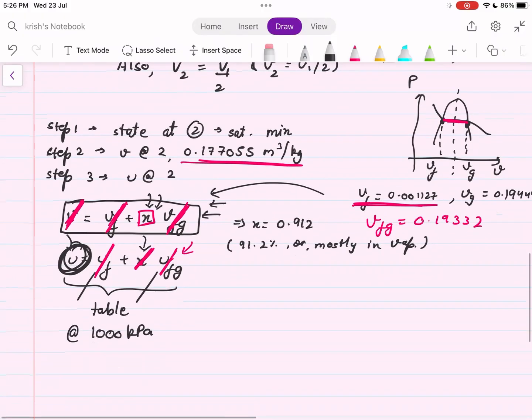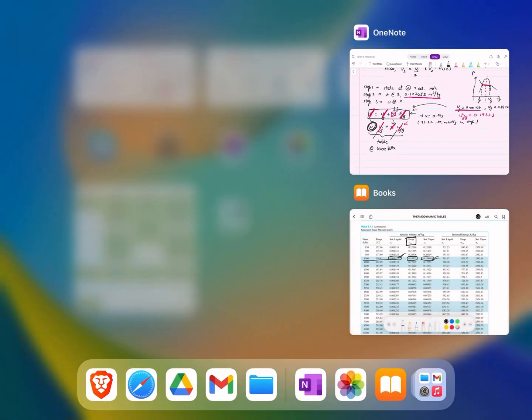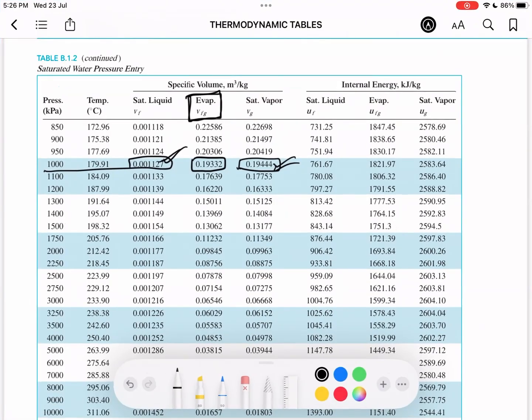So we will find the values of uf and ufg at 1000 kilopascals. It is given to be 761.67 and 1821.97.